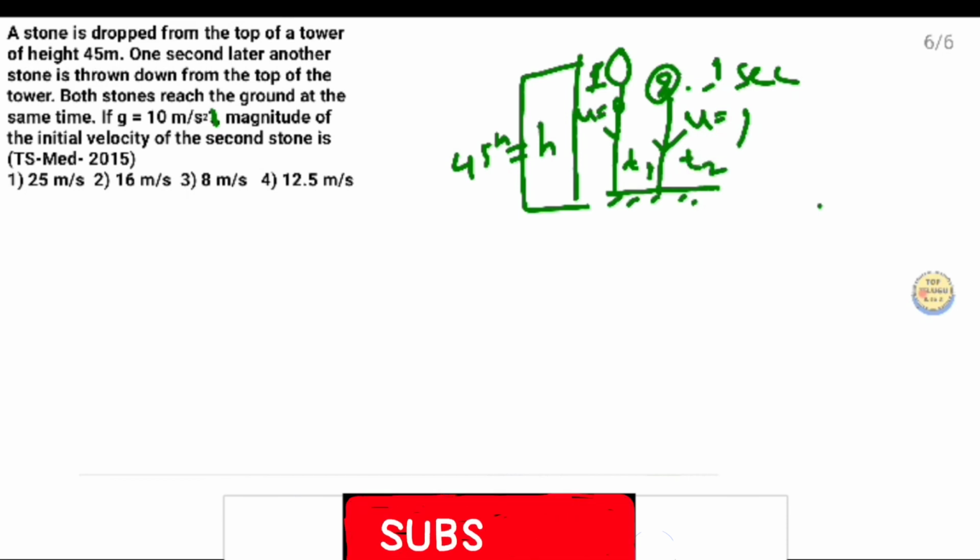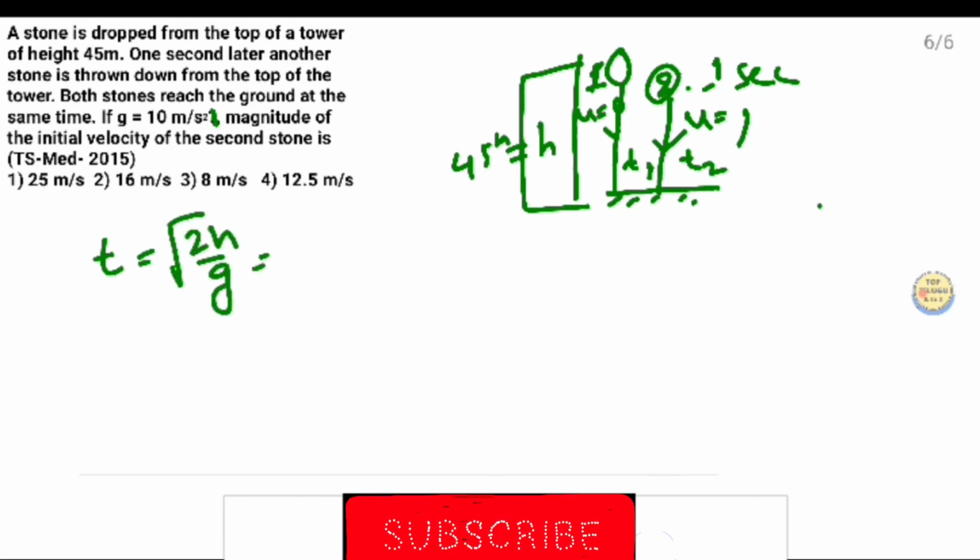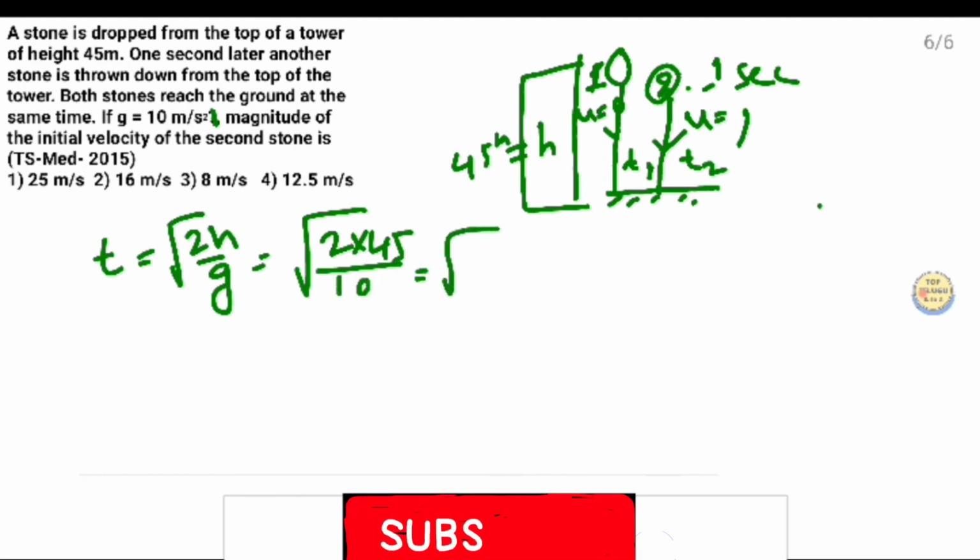So time t is equal to, we know the formula, under root of 2h by g. So root of 2 into 45 by 10, root 9.